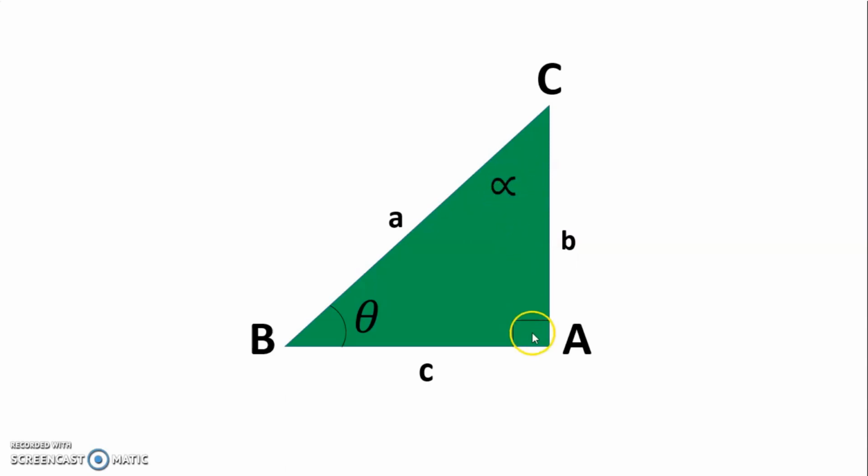Always note that where the right angle is facing is always called the hypotenuse. No matter how the angle under consideration is changed, where the right angle is facing is always called the hypotenuse.